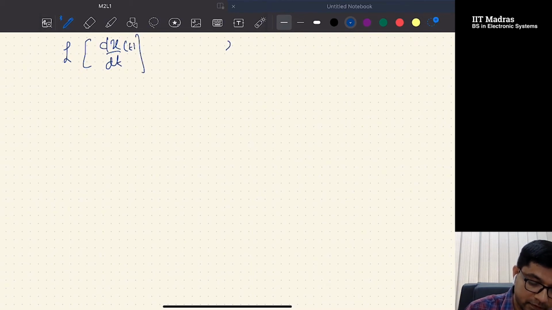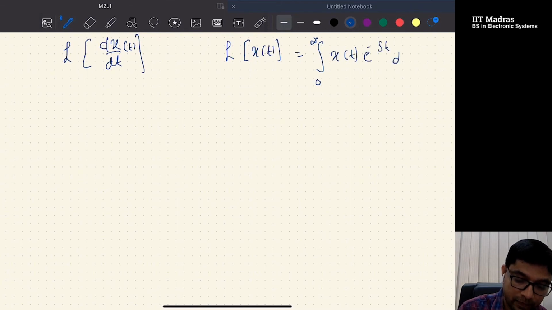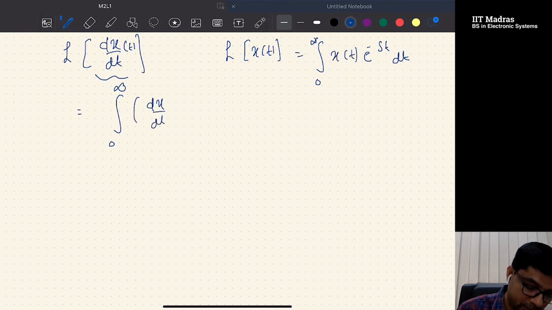Starting from the definition, the Laplace transform of a signal x(t) is the integral from 0 to infinity of x(t) e^(-st) dt. Okay, what happens when I have dx/dt instead of just x(t)? So this will by definition be the integral from 0 to infinity of (dx/dt) e^(-st) dt.